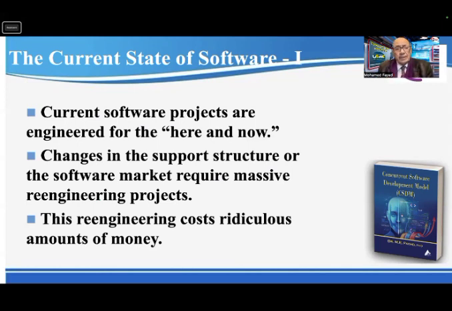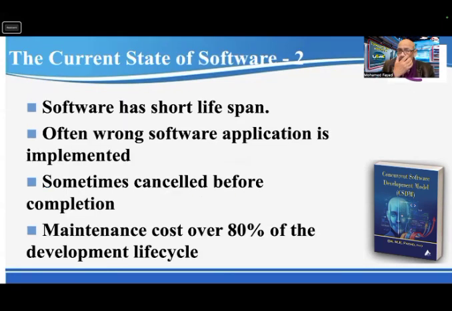Change in the support structure in the software market requires massive re-engineering projects, and unfortunately the re-engineering projects cost a lot more than the original projects. It ends up being the same vicious life cycle. This re-engineering costs a ridiculous amount of money. This is to show you. Then we're going to go into number 2.